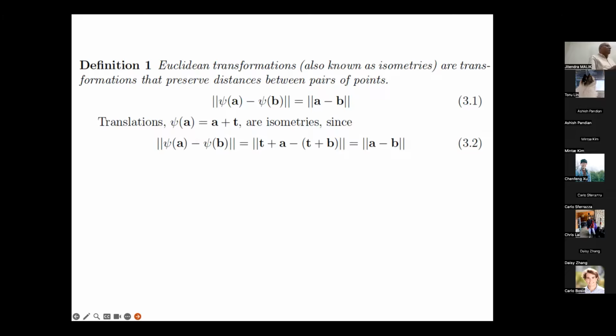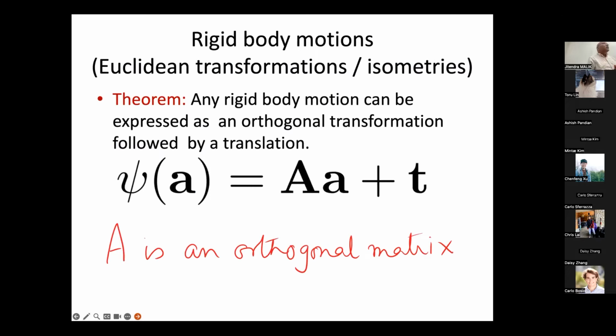This is one example. There is another one, which is rotation. But rotations actually belong to a family of transformations called orthogonal transformations. Orthogonal transformations essentially fall into two families, rotations and reflections. Rotations have determinant +1, reflections have determinant -1.